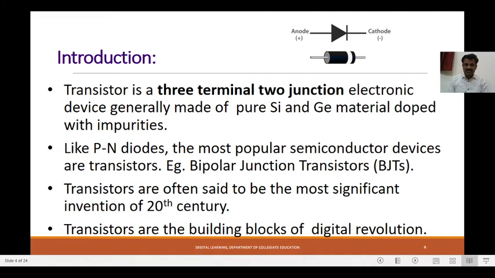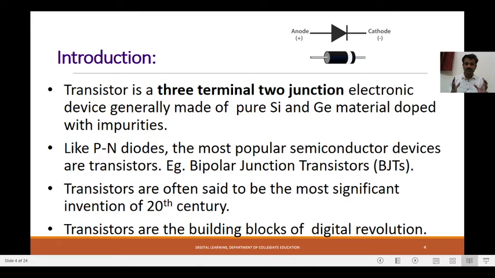These transistors are said to be the most significant invention of the 20th century, unlike lasers and many other inventions. Why is it an important invention?